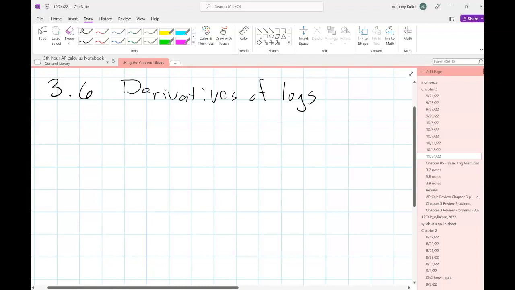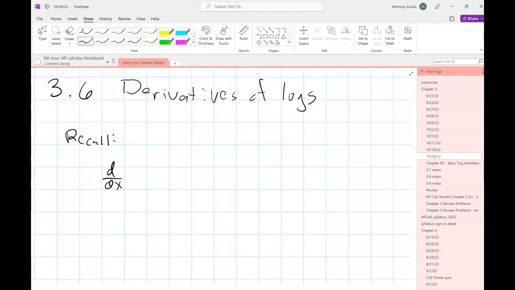So we'd started 3.6 previously, right? We decided to break at 3.5 for the test, with the exception of the derivative rules for logarithms that I said you guys were still responsible for. So just to refresh our memory, the derivative of a logarithm is just going to be 1 over x times the natural log of the base of the logarithm.